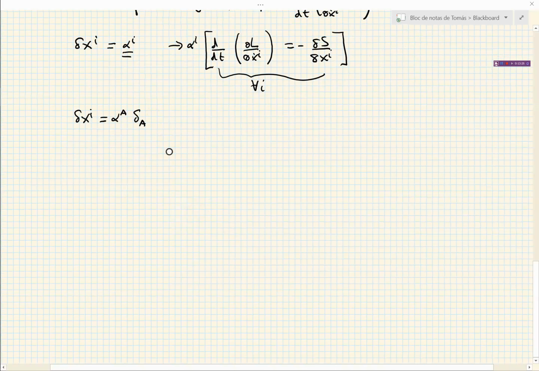The reason why this is so is because these parameters are infinitesimal. We are always staying at first order in these infinitesimal parameters.